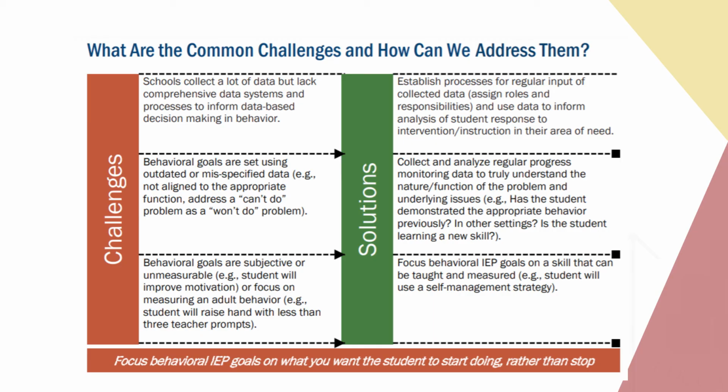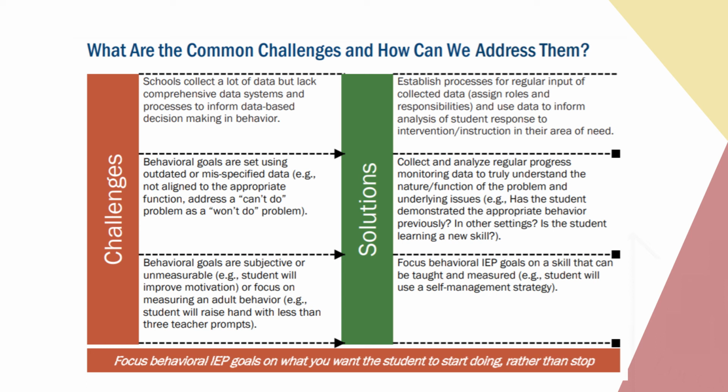When it comes to writing behavior goals for an IEP, you may come across some challenges. So let's address some of the different solutions to some common issues. Many schools collect lots of data, but sometimes they do not do anything with it. If you are finding this a problem in your school, then you need to establish a process for regular input of data by assigning roles and responsibilities to people, and require the use of this data to inform decisions.